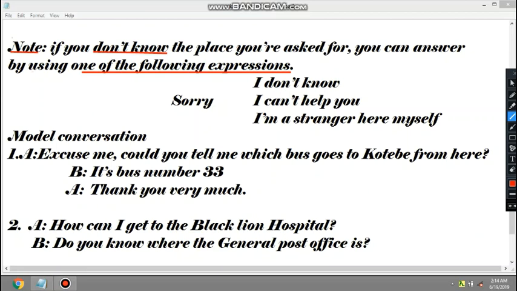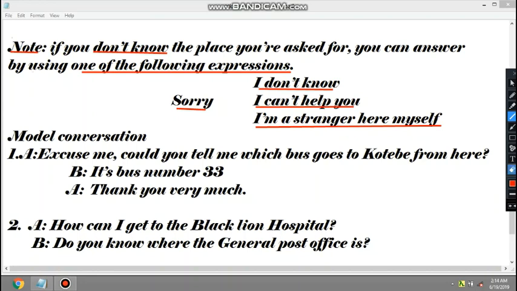So if we don't know the place, it's better to say sorry, I don't know, or sorry, I can't help you, or sorry, I'm a stranger here myself. It's better to say it in such a way instead of giving wrong directions and misleading people.